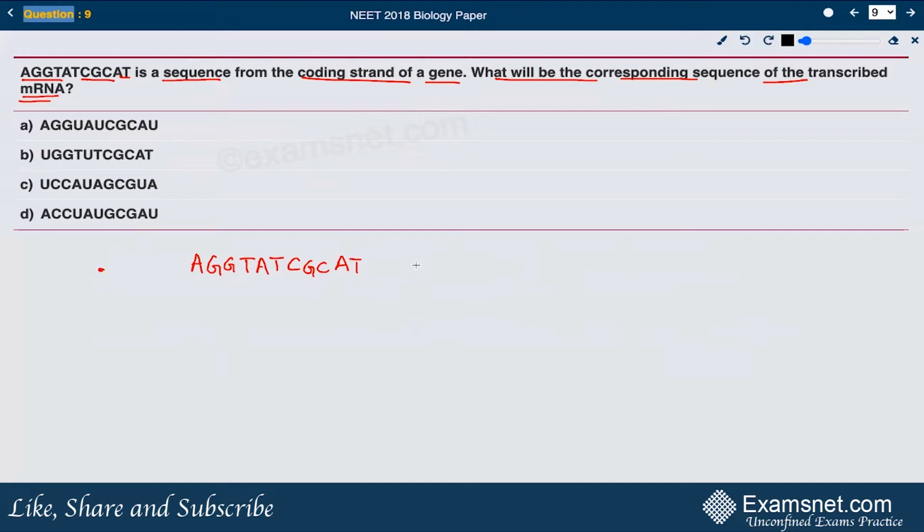All right. So basically, we need to write out the transcribed mRNA. Now, if this is transcribed into mRNA, you can first make the arrow, then we can write it out like this.